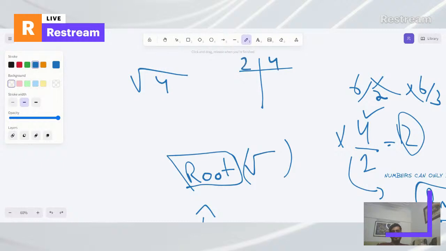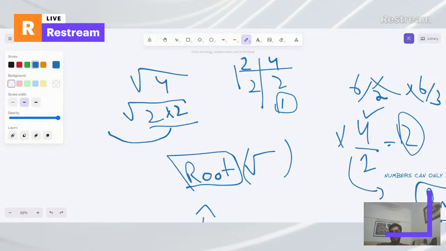So it's going to be 2, 2, and 1, right? So I write down these two factors of 4 under the root, and I'm going to form pairs.